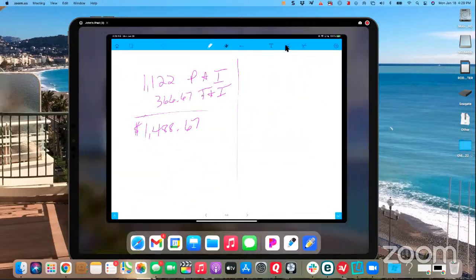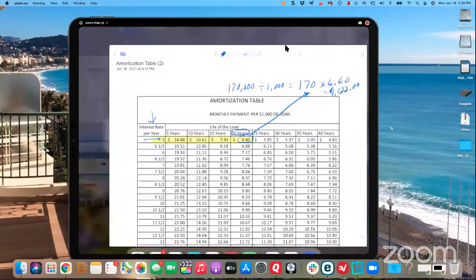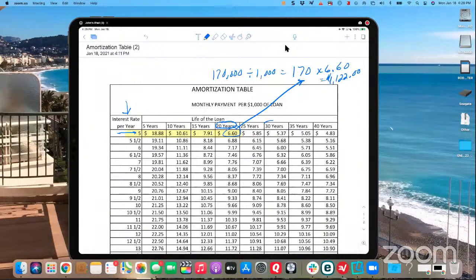So here, I'm going to come back over here, and this time I'm going to do 30 years and 6%. And so I'm going to come all the way over here, and it's $6. So now we're going to take 170 times $6, which is $1,020.